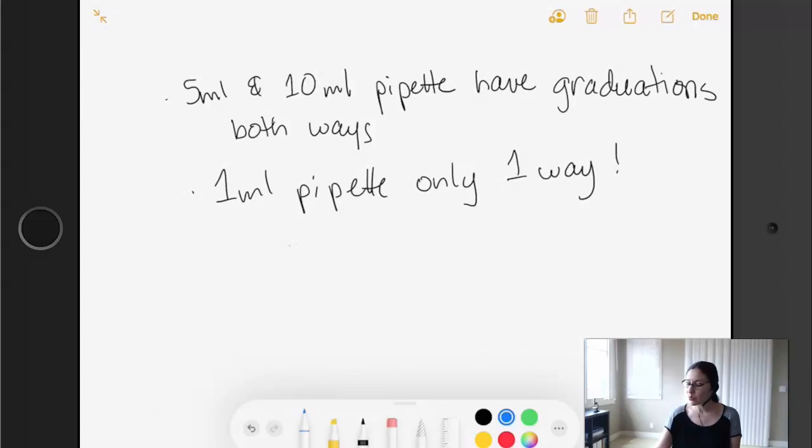However, in the 1 ml pipette, the graduations are listed only one way. They're listed in increments of 0.1, beginning at the bottom with 0.9, 0.8, going up, 0.7, etc., all the way to 0 mLs. Okay, and this concludes today's lab of aseptic use of pipette.